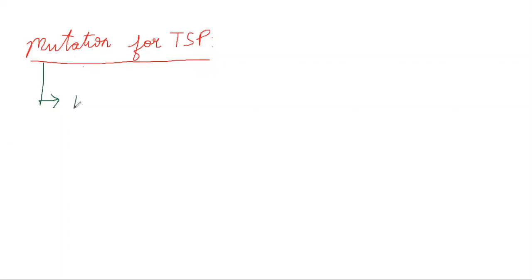First is your random, or you can say NSWAP mutation operator. The next one is your invert or the inversion mutation operator.